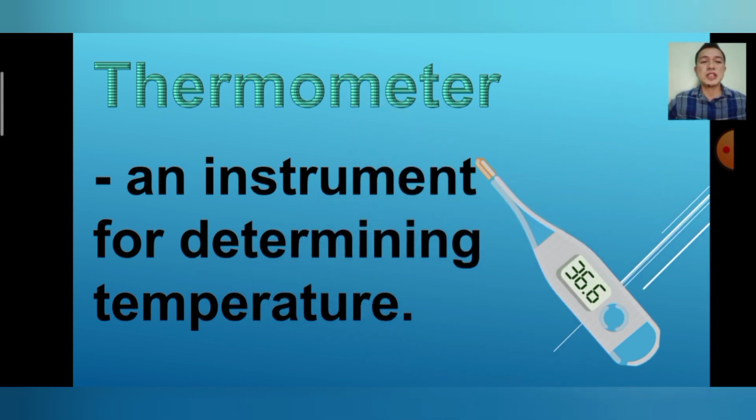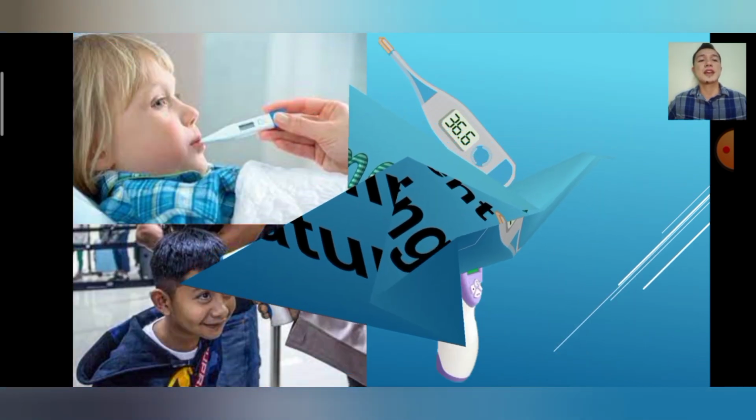So you can measure also the temperature of a person by using the thermometer, an instrument for determining temperature. So you can determine the temperature of a person, if that certain person is sick or not, by using thermometer. So this one is very familiar to all of you, because maybe some of you in your house have this one, and also this thing.